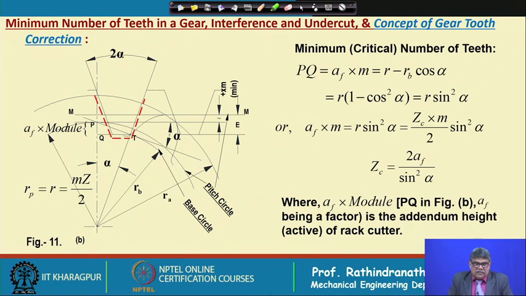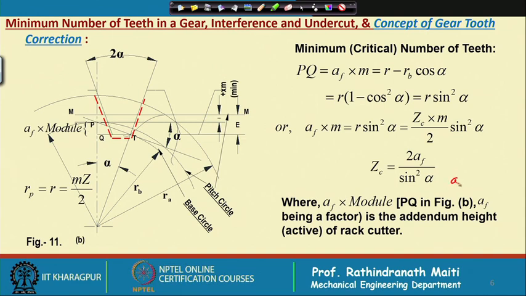So, here I have given Af the module. Now, if it becomes below the base circle, what will happen? This means it has come over here, below the base circle, this point. Mind it, this addendum we have taken is equal to 1 into module, so the addendum factor must be equal to 1. Okay.